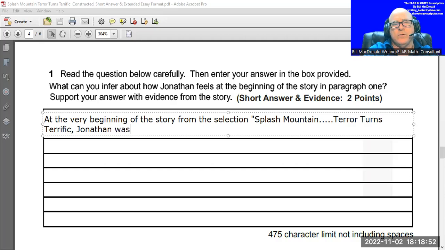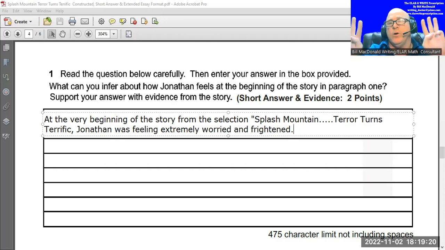Was feeling extremely worried, and I'm going to put two things, and frightened. What I was thinking in my head was, what original words could I use?